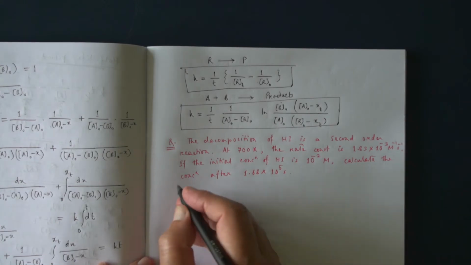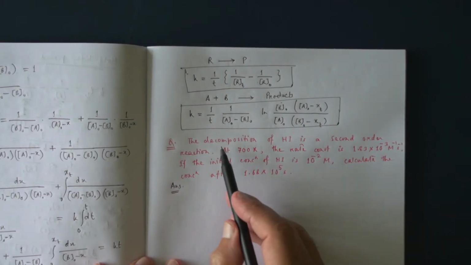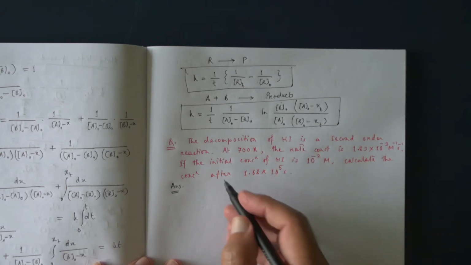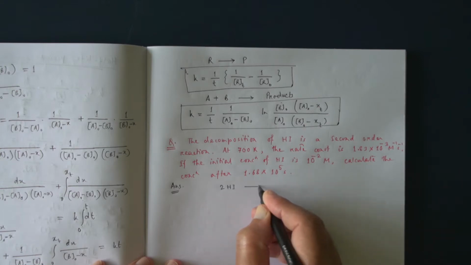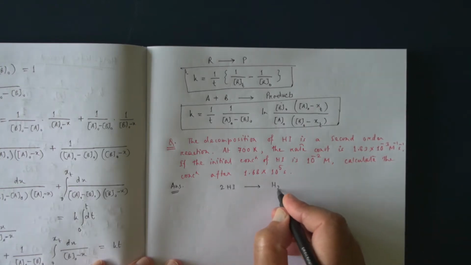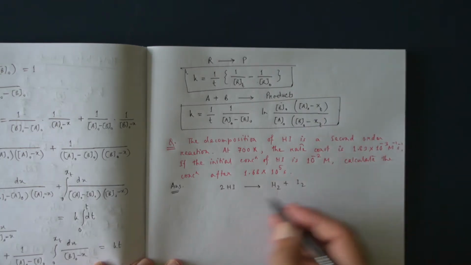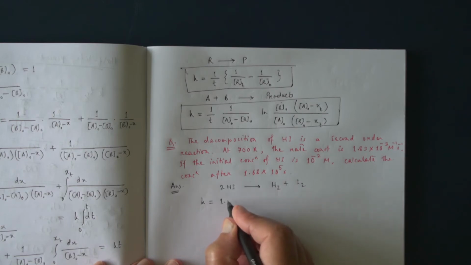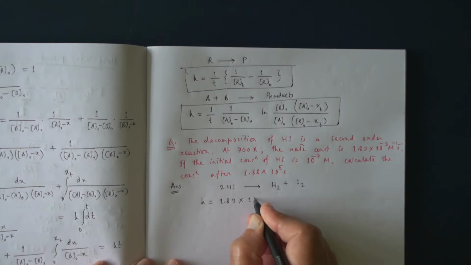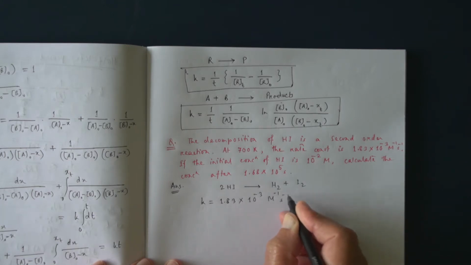Now what has been given? Decomposition of HI means this is the reaction. Now rate constant is given, k is 1.83 into 10 to the power minus 3 per mole per second.